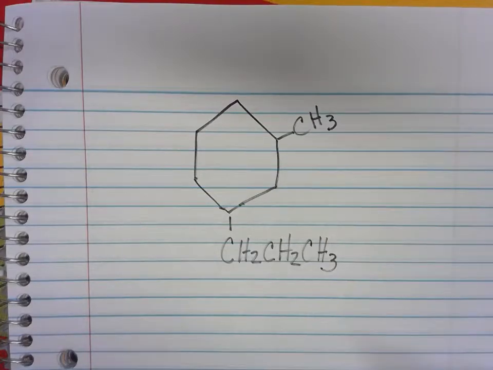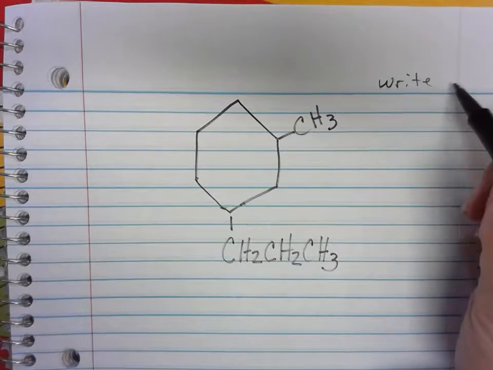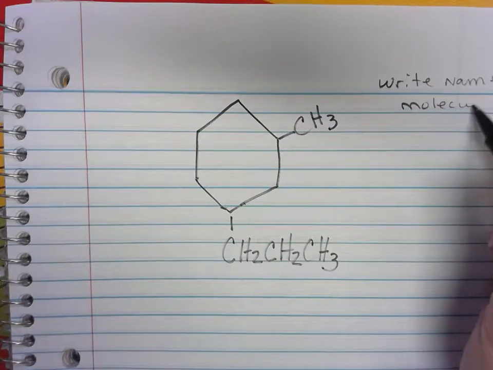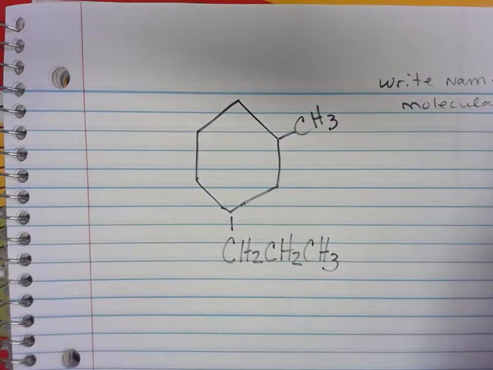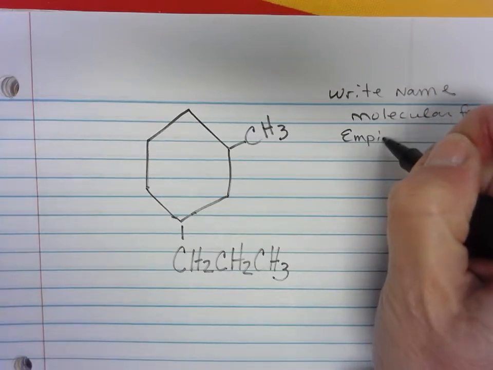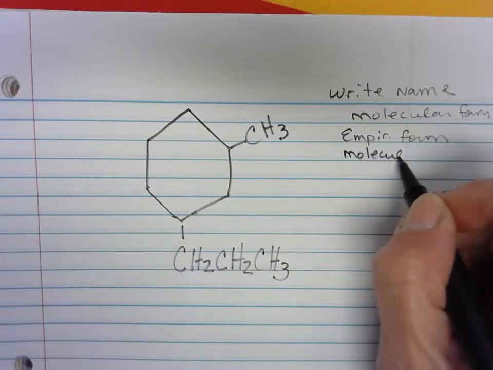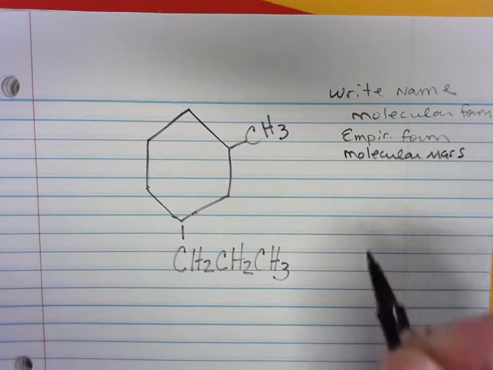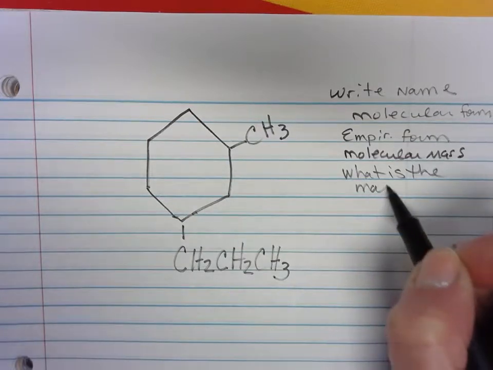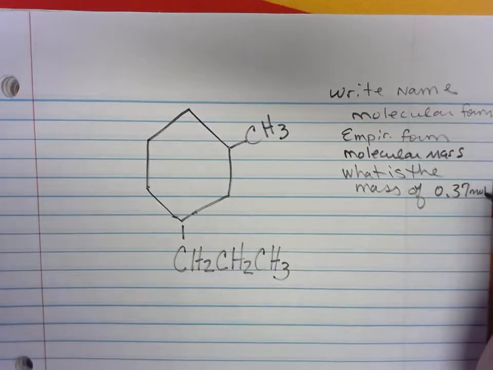Let's take a look at this molecule here, and let's write the name, the molecular formula, the empirical formula, let's find the molecular mass, and let's see what is the mass of 0.37 moles of this stuff.